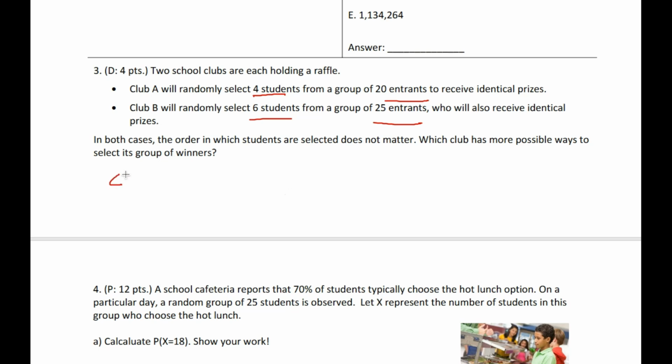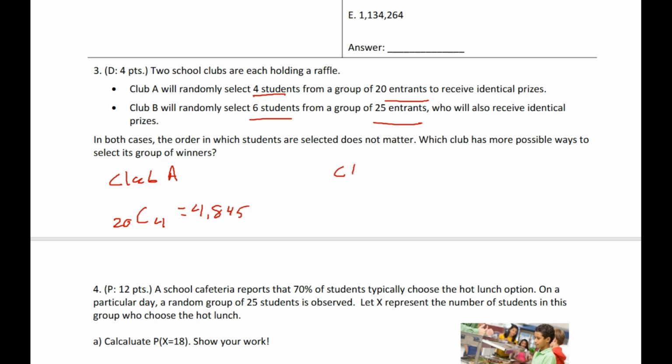So for Club A, the number of ways we can do this is 20 choose 4. And that ends up being 4,845. That's how many different ways they can pick the 4 winners.